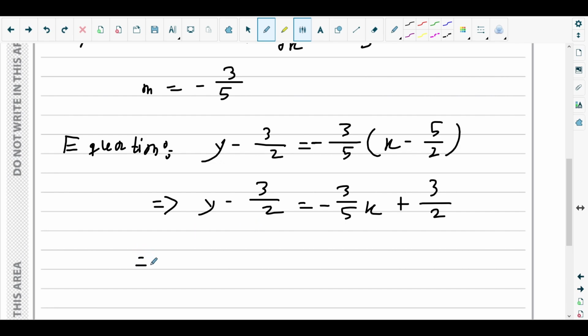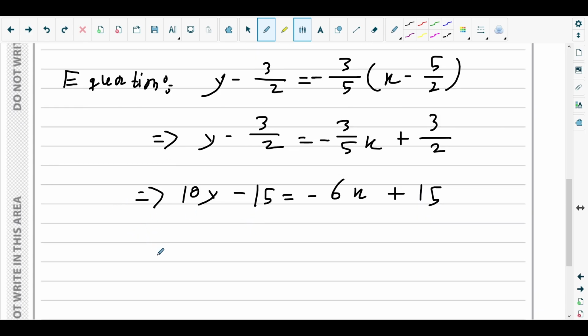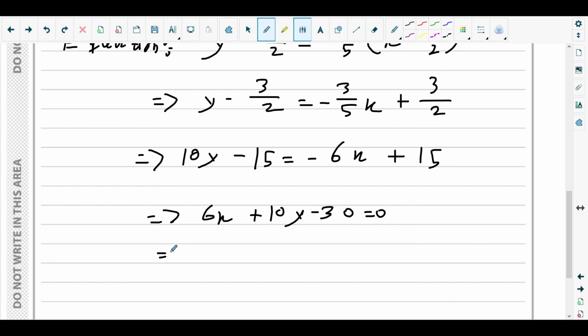Now we can multiply both sides by 10 to cancel out all of the fractions. So you get 15y equals negative 6x plus 15. Take all the terms to the left, so 6x plus 10y minus 30 equals 0. If you simplify it more by dividing both sides by 2, what will you get?